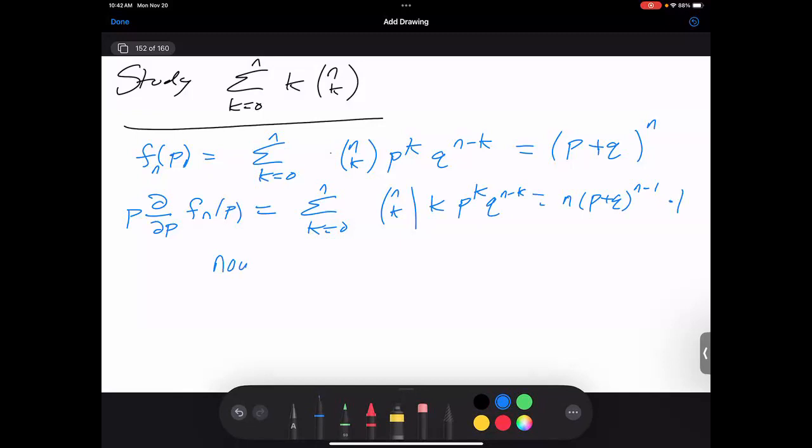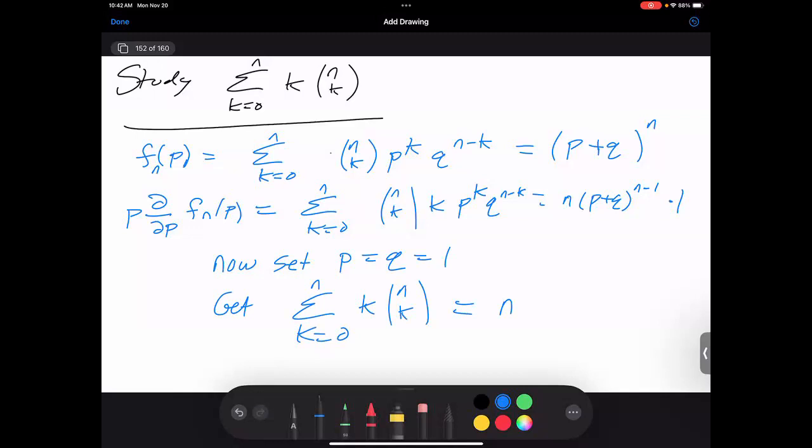Now, set p equals q equals 1, and we'll get the sum k equals 0 to n of k times n choose k is just equal to n times 2 to the n minus 1.